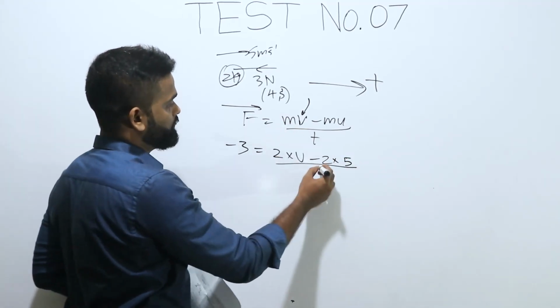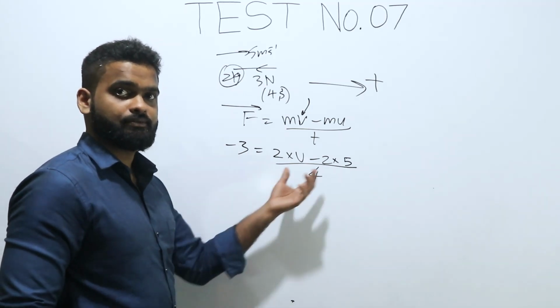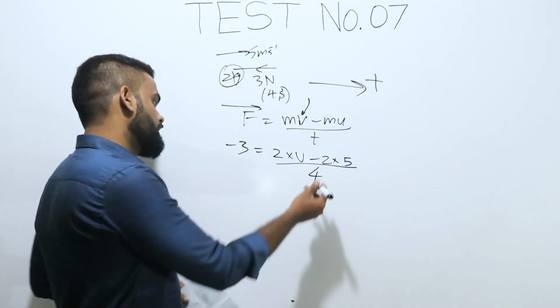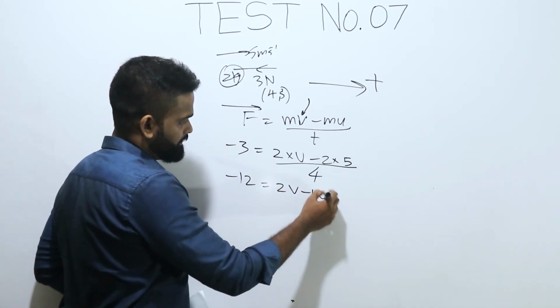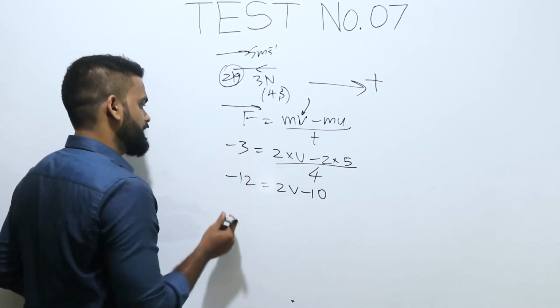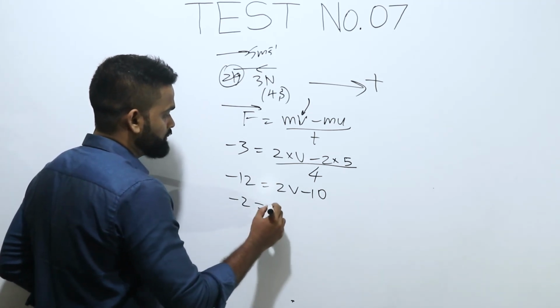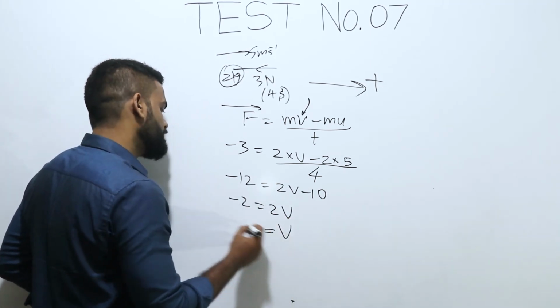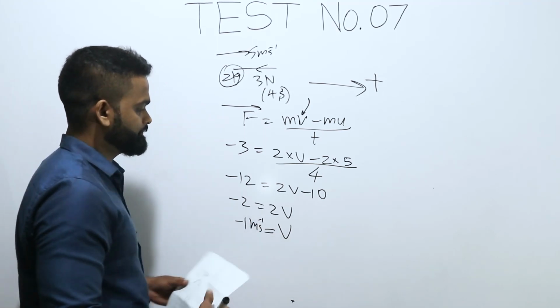Then just simple calculation to find v. Cross multiply: minus 12 equals 2v minus 10. Minus 10 gets to the other side. This becomes minus 2 equals 2v, then v is equal to minus 1 meters per second.